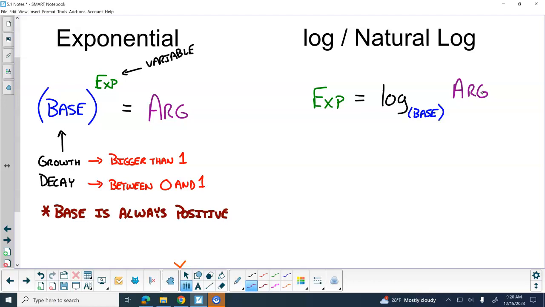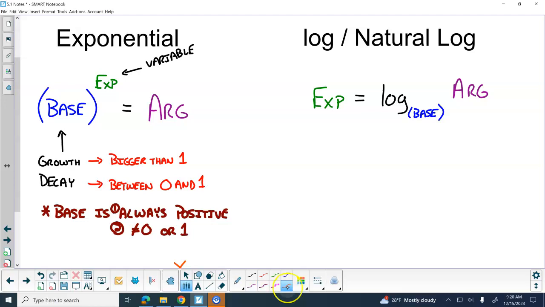And the same conditions apply. The base always has to be positive, and not equal to 1.